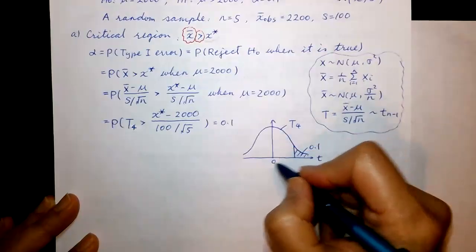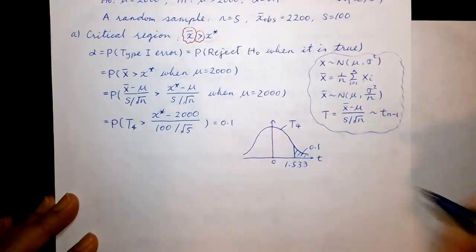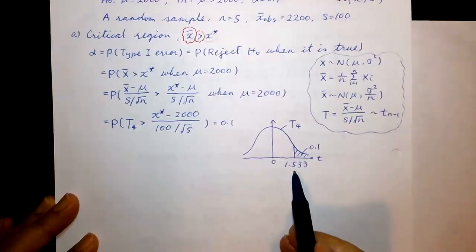So this positive value refers to all these expressions. You need to look at the t table. Now I don't have it here, but I know this value. So make sure you know where to look on the t table.